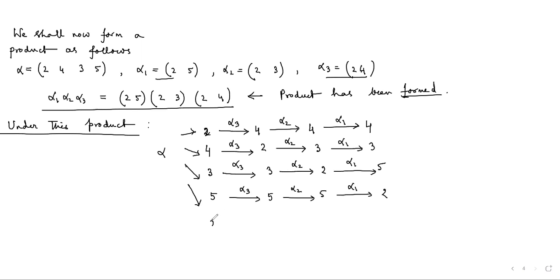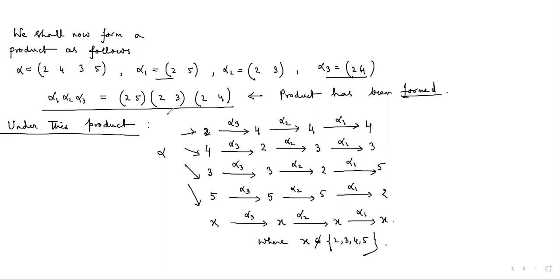And if I consider any other element apart from 2, 4, 3, 5, then under alpha 3, x goes to x. Under alpha 2, x goes to x. Under alpha 1, x goes to x, where x does not belong to {2, 3, 4, 5}.